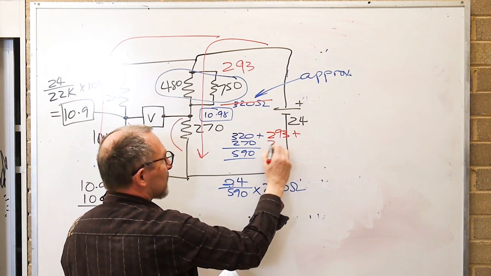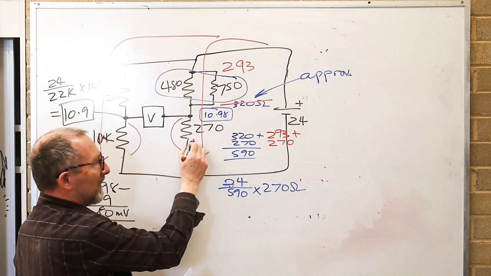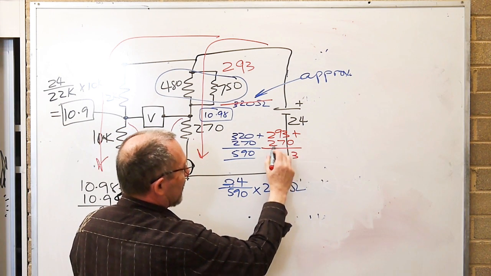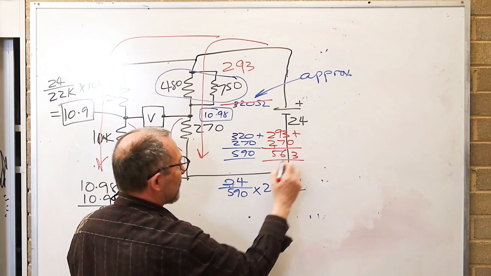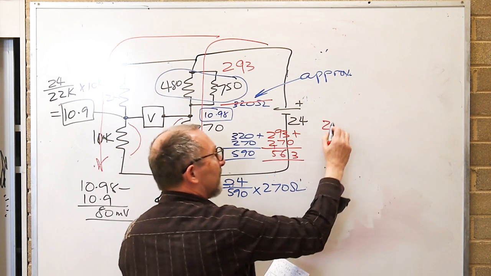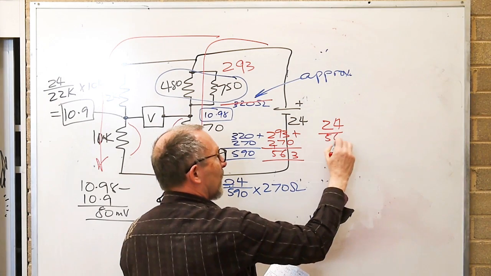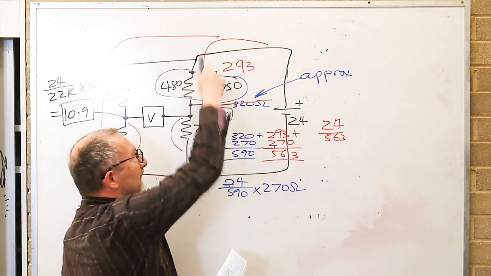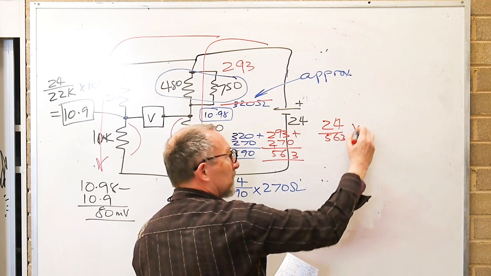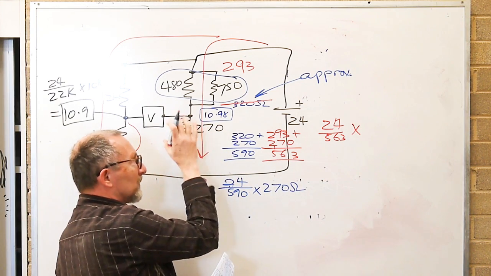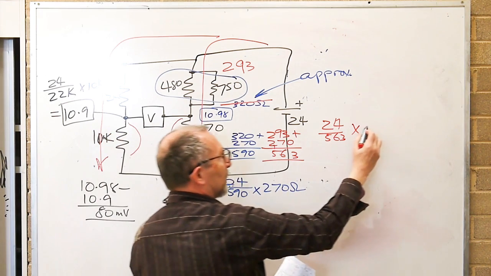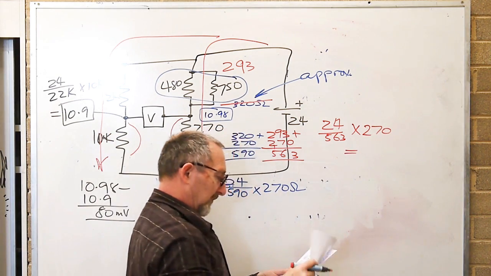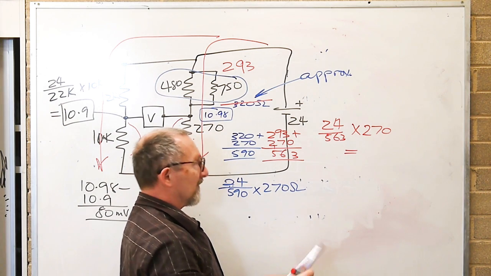I had to go the 293 plus the 270, which was here, to give me, what's that, 563. 24 divided by 563, total resistance to give me the total current in that network, and then multiply that current, V equals I times R, times the 270, and that comes out to be 11.5 volts.